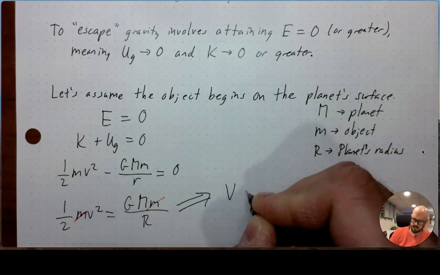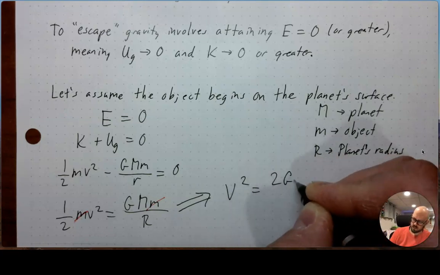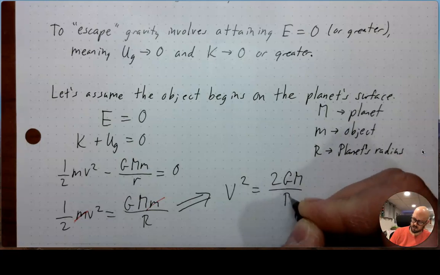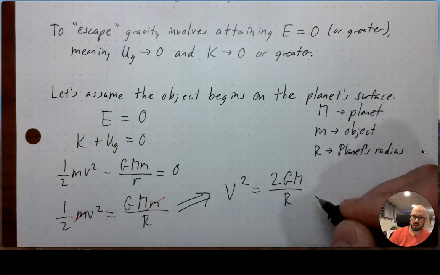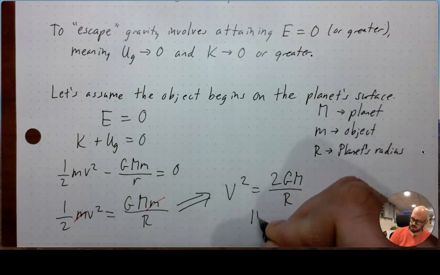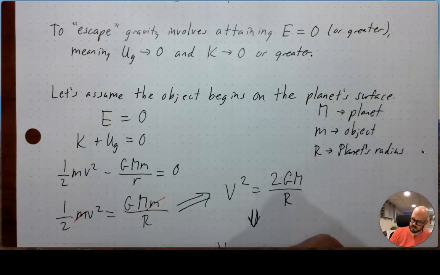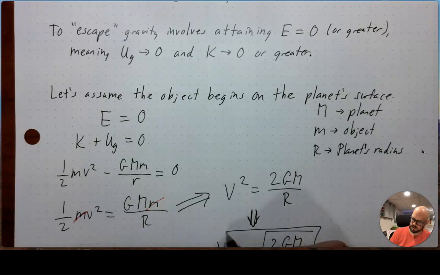So v squared is going to be 2GM over r. If I multiply both sides by 2, and then take the square root, I get my equation. So v escape equals the square root of 2GM over r.